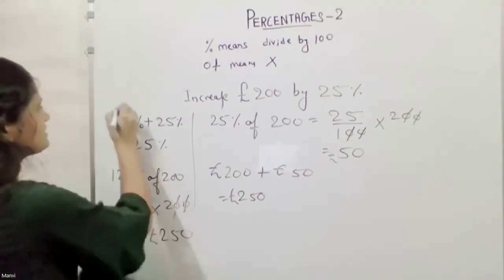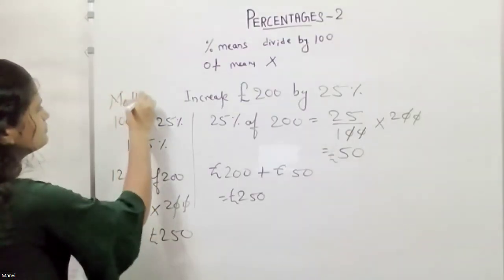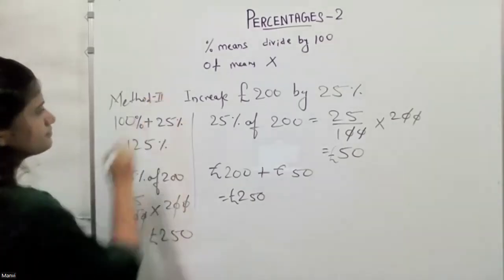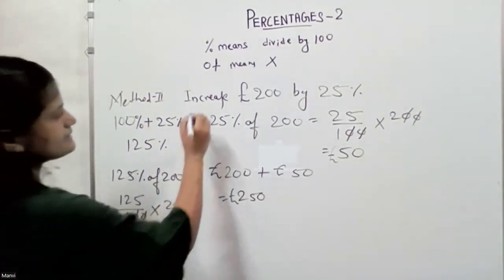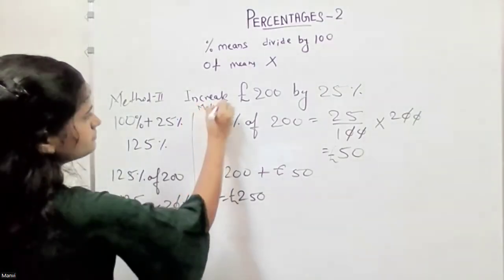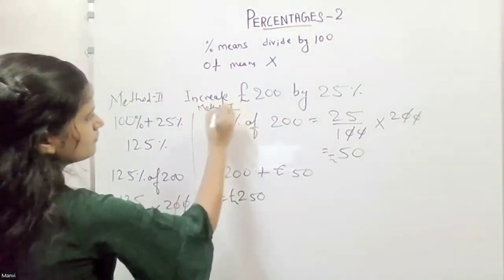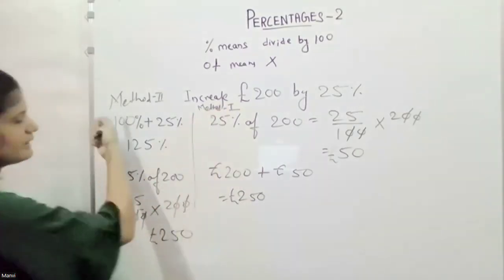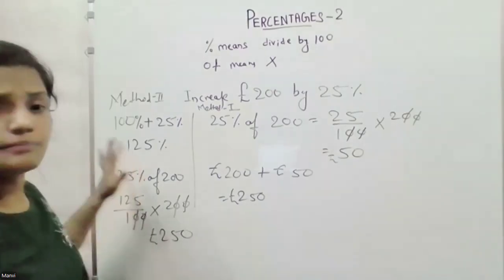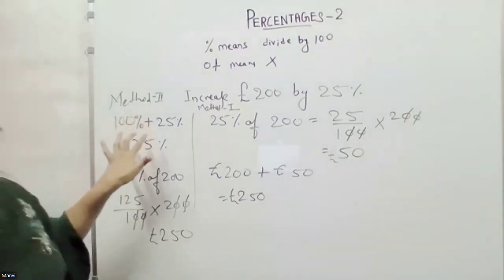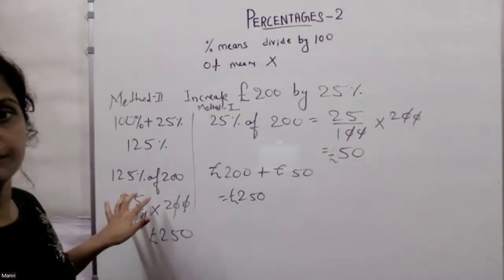So this is method 2, and this is method 1. Both are easy, but using this way we can calculate faster.